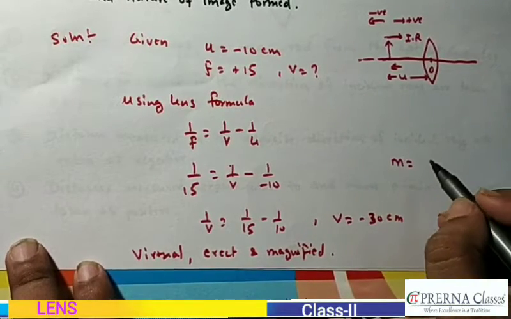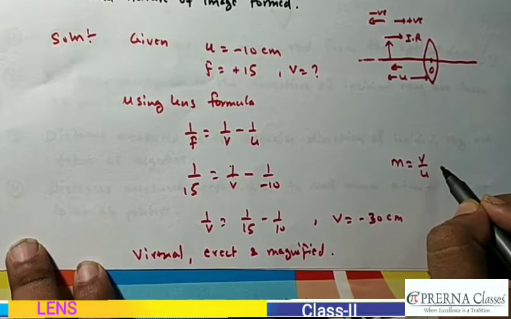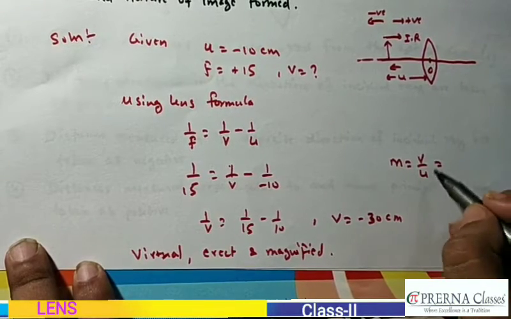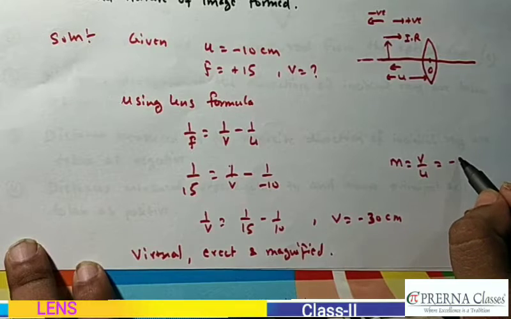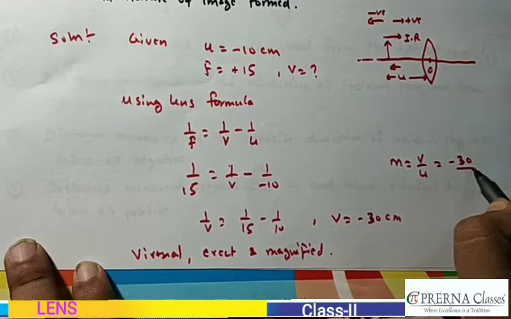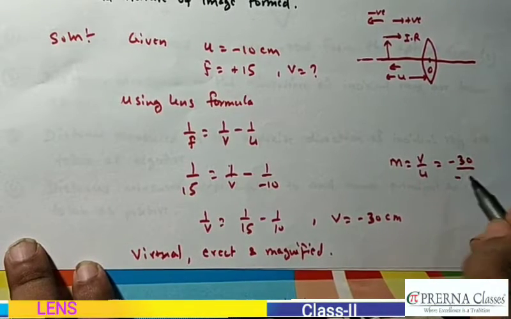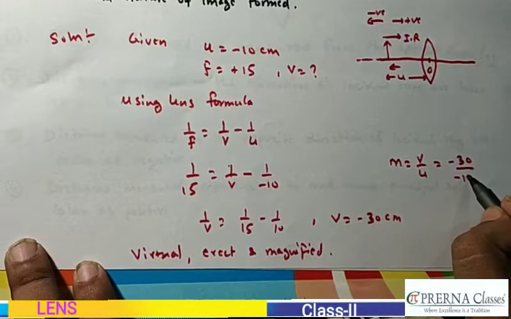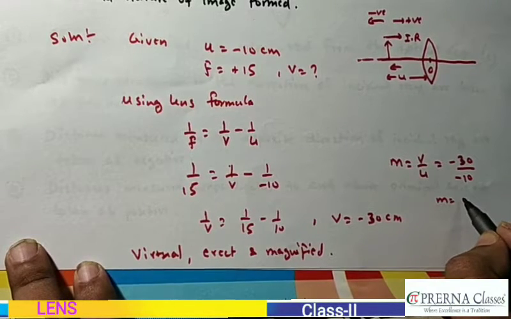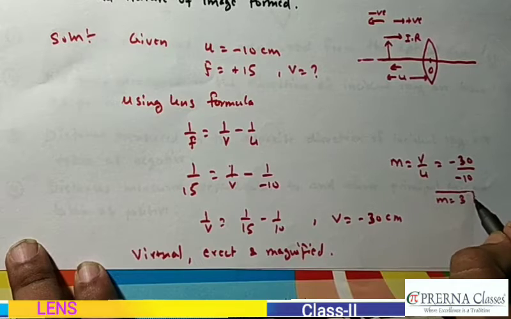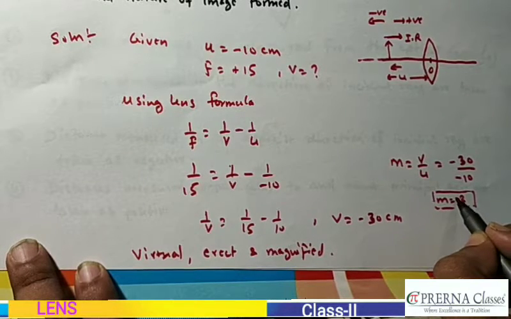m इक्वल टू मैग्निफिकेशन निकाल लो. m इक्वल टू v बाई यू. v and u you have to use with sign. v is minus 30 and u is minus 10. So it comes out to be 3. So magnification is positive.